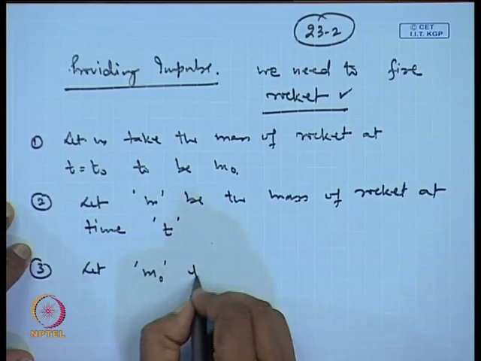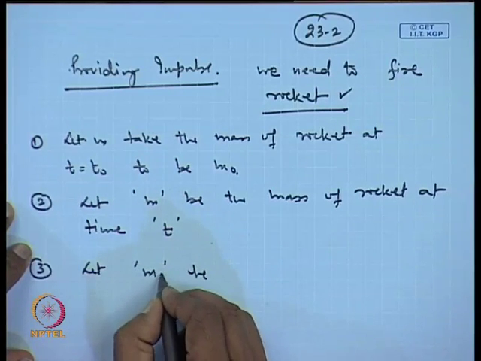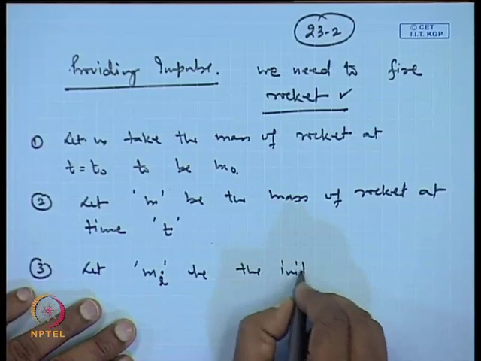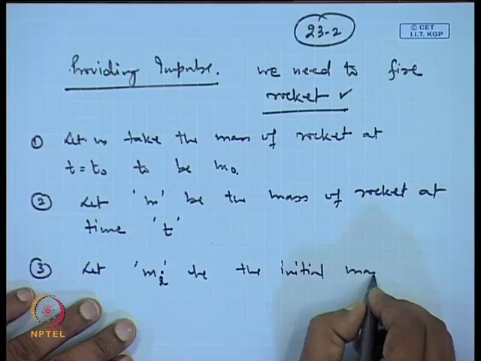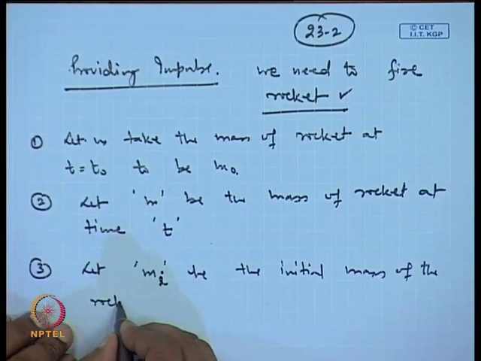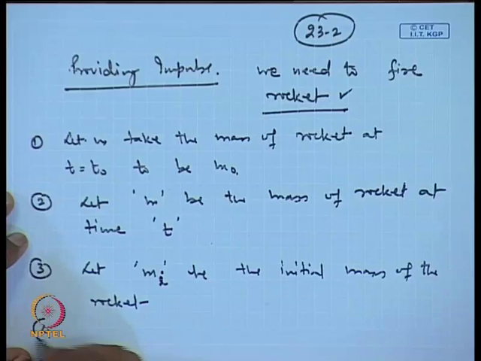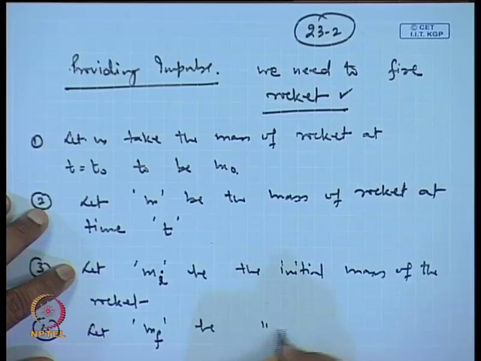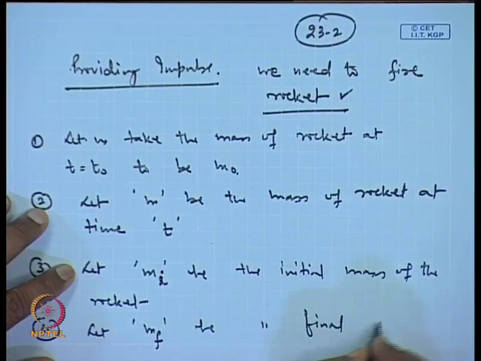Let m i be the initial mass of the rocket, and let m f be the final mass of the rocket.